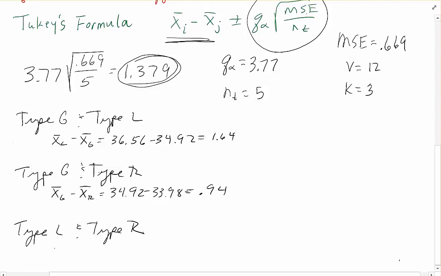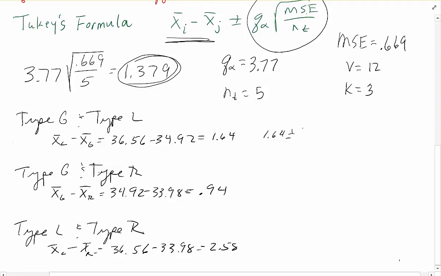And then lastly, the sample mean starting with type L, subtract the sample mean for R. That gives me 36.56 subtract 33.98, or 2.58.